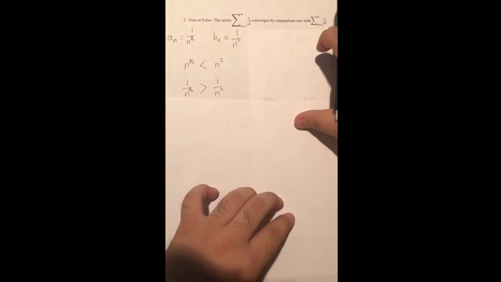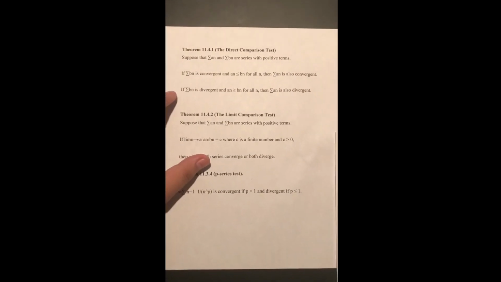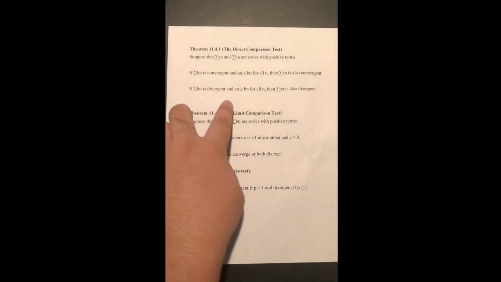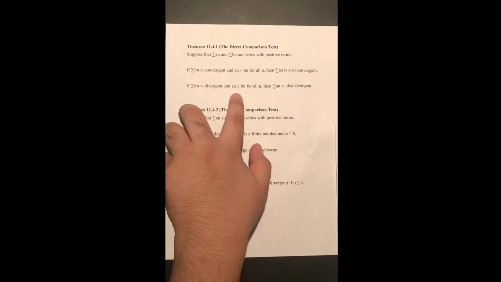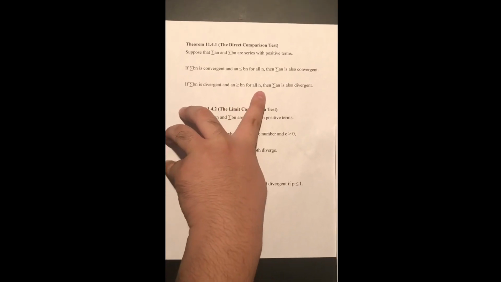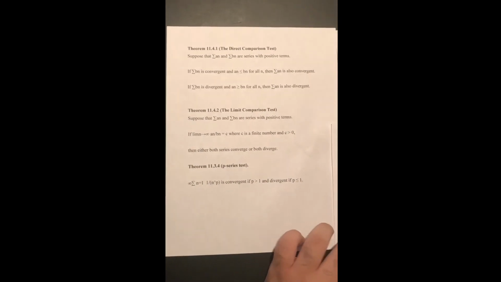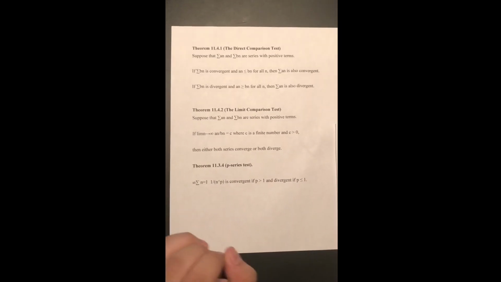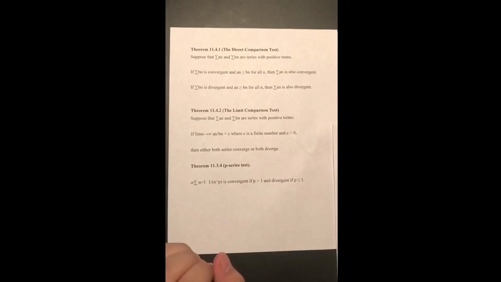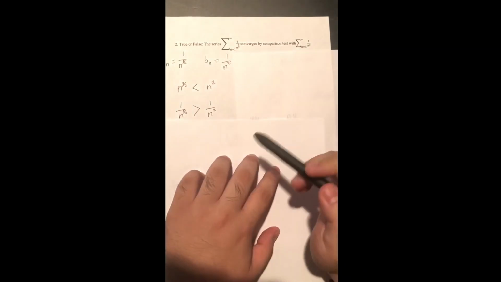So now we have to look at the direct comparison test and see the second one. If series bn is divergent and an is greater than or equal to bn for all n, then series an is also divergent. So if bn is divergent, we know that an will also be divergent. So we have to check if bn is divergent.